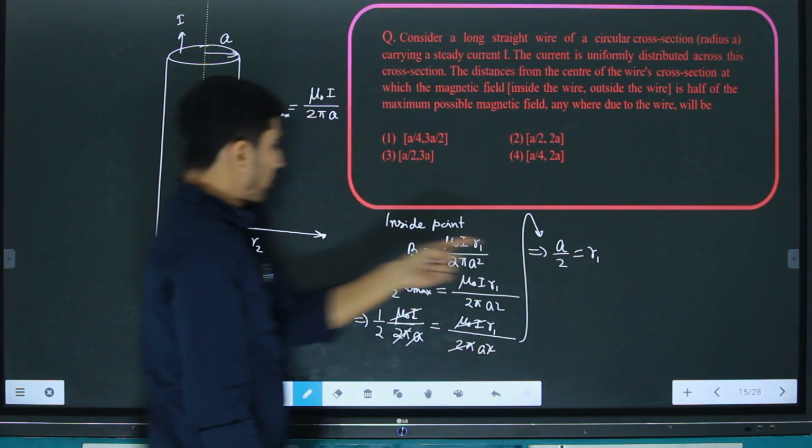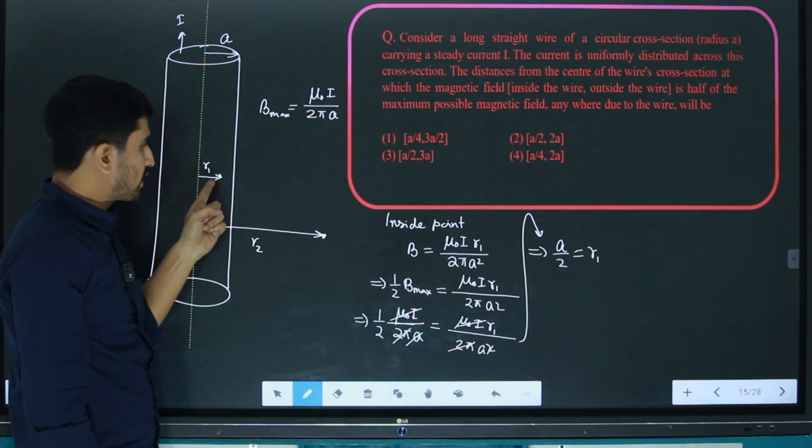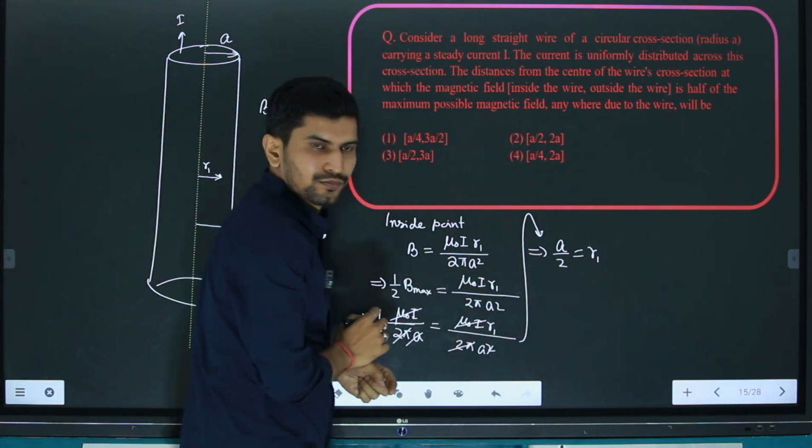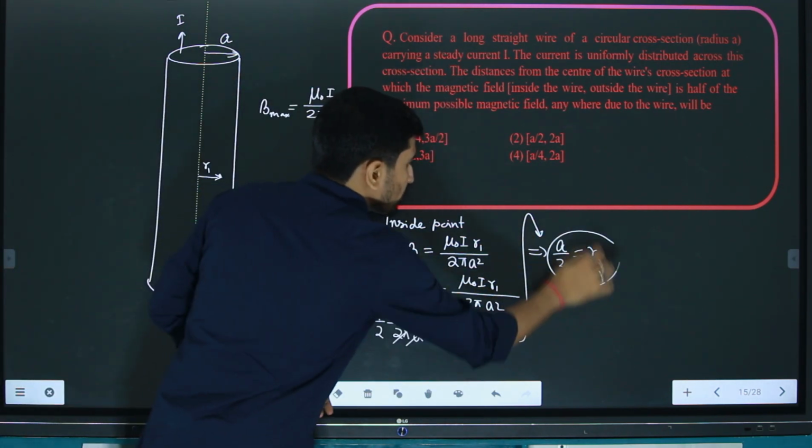So r1, a point inside the conductor which has magnetic field half of the maximum value, is at a distance a by 2. This is for the inside point.